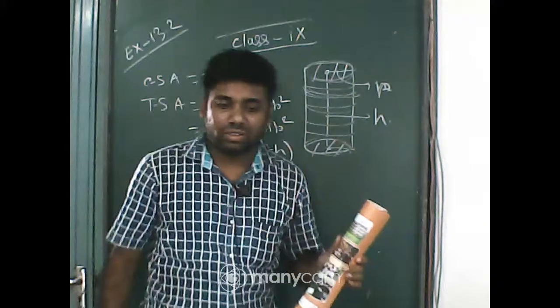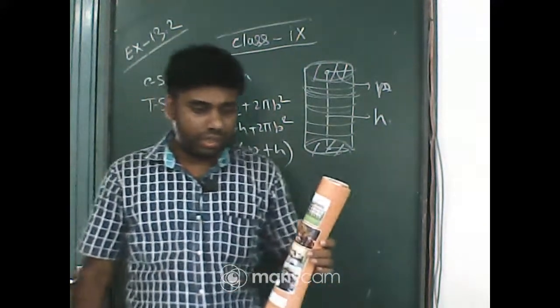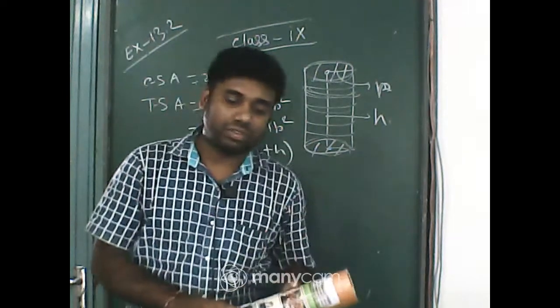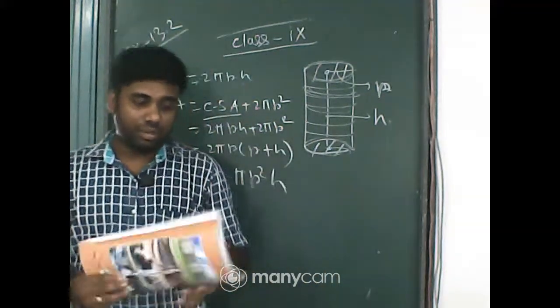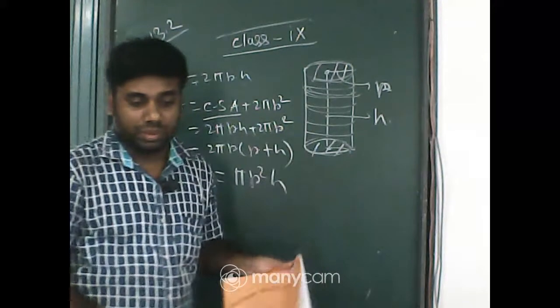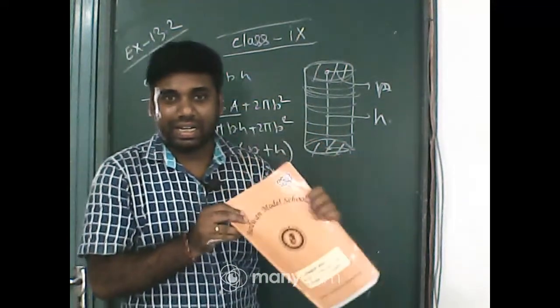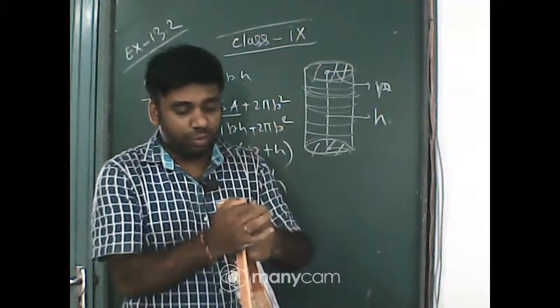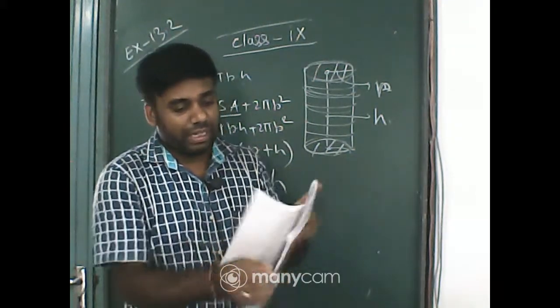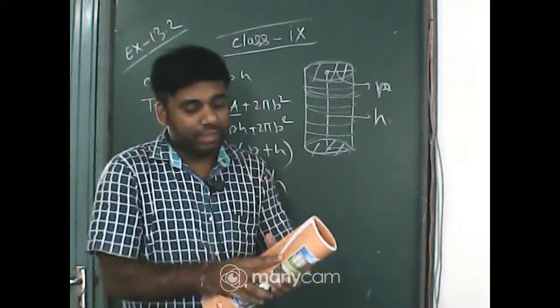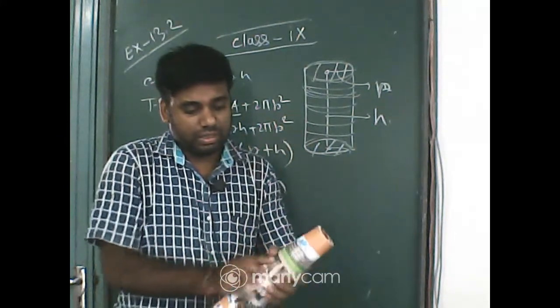The derivation is not in your syllabus. The derivation is not so hard, because if it is a rectangle and you roll it, from that rectangle you will get the curved surface area.